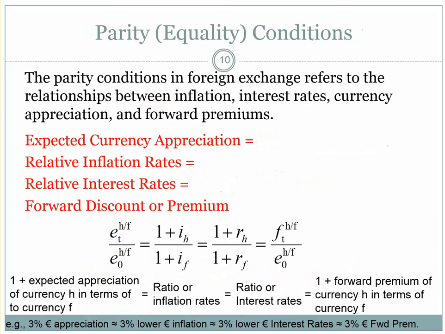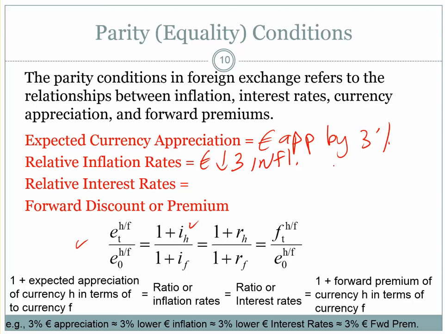So let's talk about this formula again. With this equality, if you say that the euro is expected to appreciate by 3%, this formula tells you that the Eurozone must have 3% lower inflation. It also implies that their sovereign bonds should have 3% lower yield.